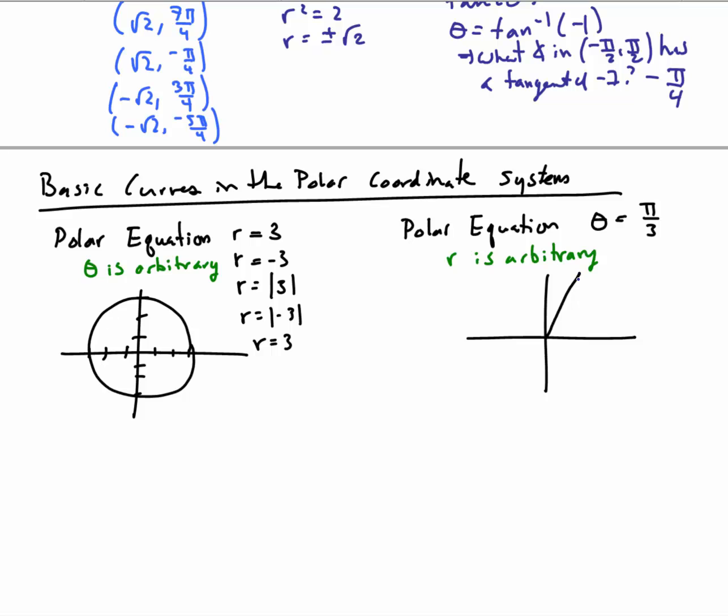Well, here's pi over 3. That could extend in either direction, because r could be positive, so I'd be up in this region. R could be negative, so I could be down in this region. What's important is I have this angle. And so this is my graph of theta equal pi over 3. Again, up here would be my positive r, down here would be my negative r.